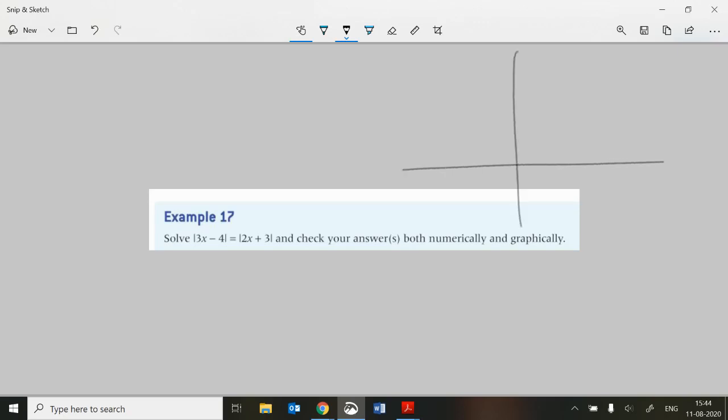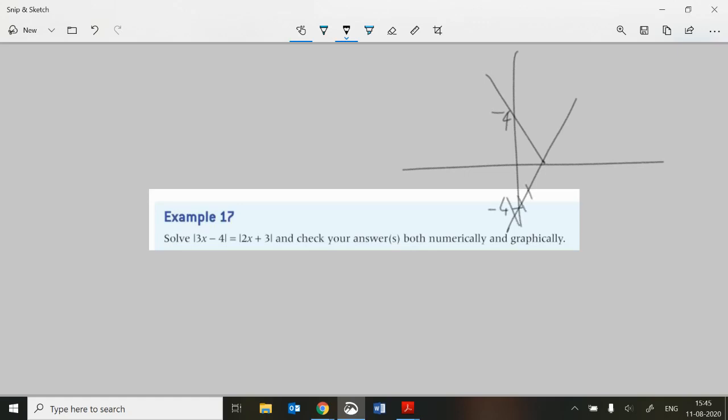So 3x minus 4. Okay, so I know this has got a steepness of 3. Okay, so I know that it's going to go through this point 1, minus 1 there. Okay, but that's at roughly a steepness of 3. And so the graph is going to look like this, and it's going to go through -4 there.